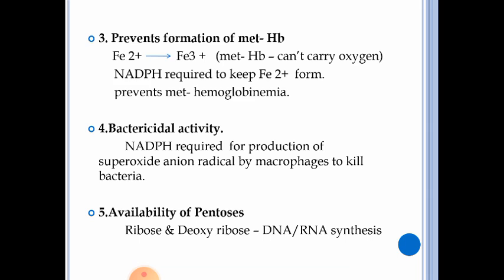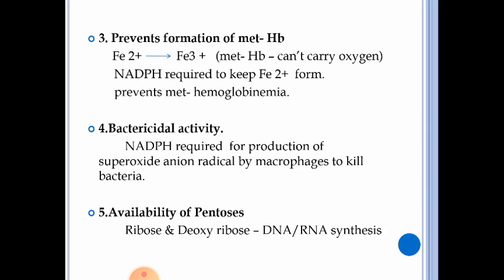Hemoglobin contains iron, and only in the reduced state of iron present in the RBCs can it carry oxygen. So Fe2+ gets converted into Fe3+ when there are free radicals.